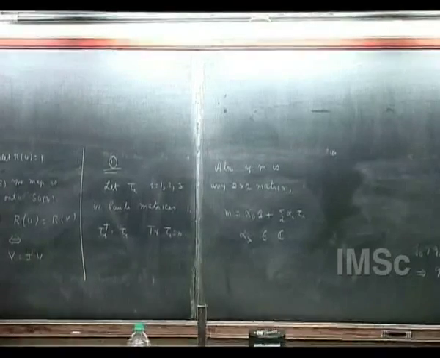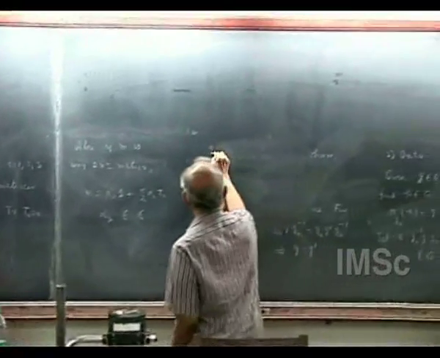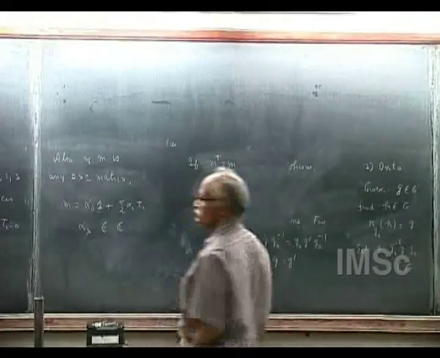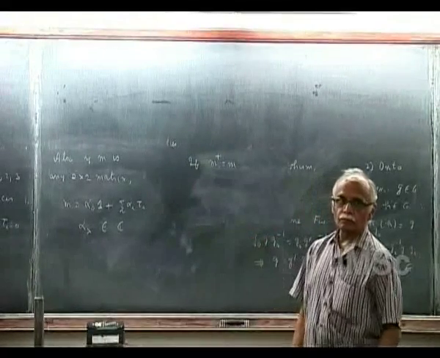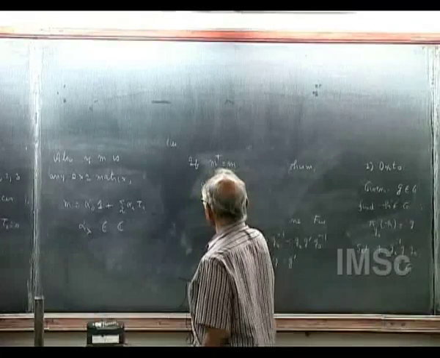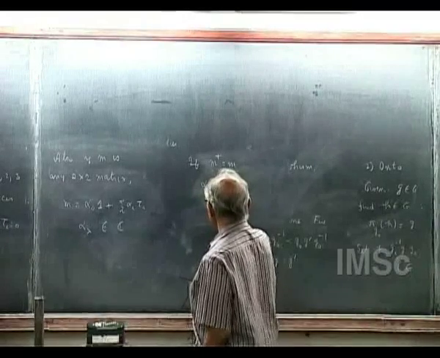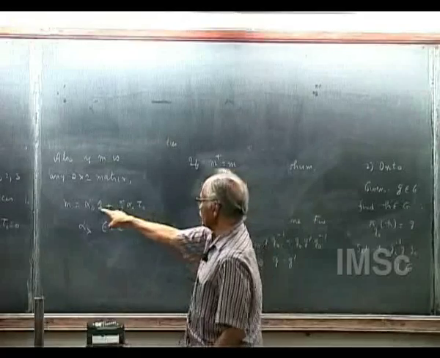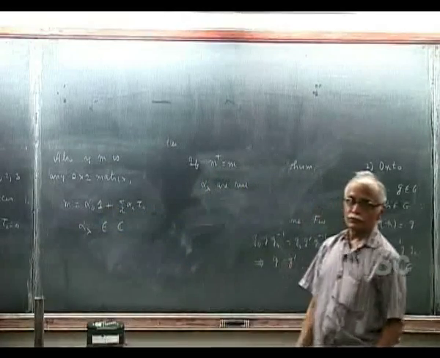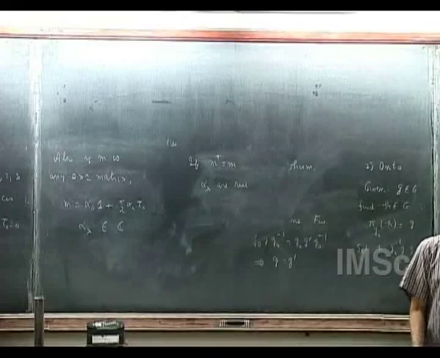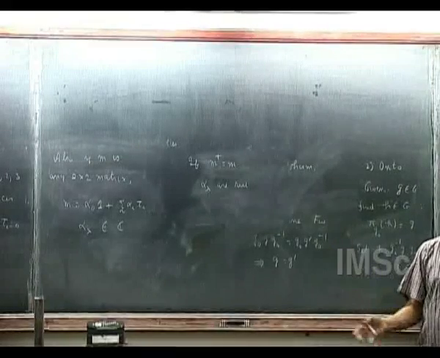Now, if M is Hermitian, M dagger is M, then from this equation you can see that alpha lambda are real, because the tau and 1 are linearly independent, and when you take complex conjugation the coefficients undergo complex conjugation, and since the matrix does not change, these are real.